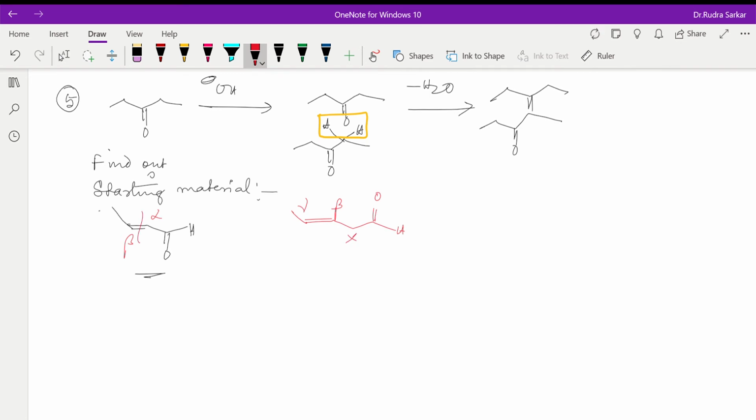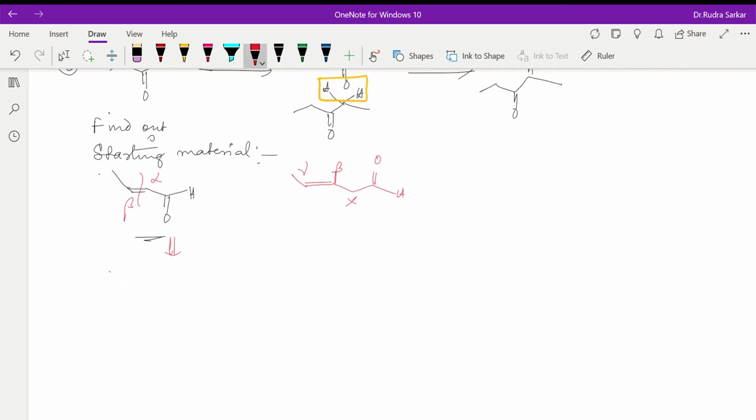So all you do, heterolytic cleavage over here, disconnect this alpha beta bond. In the beta position, you put plus charge. In the alpha position, you put two negative charges.